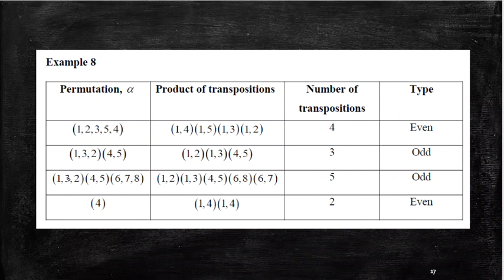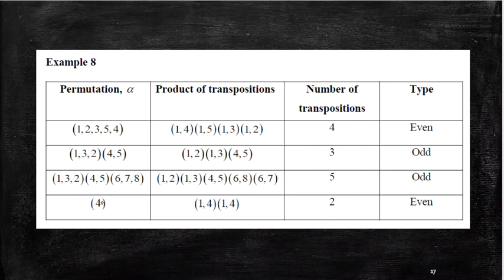Next, (1, 3, 2), (4, 5), and also (6, 7, 8). (1, 2) and (1, 3). We separate into a product of transpositions: (4, 5), (6, 8), (6, 7). So we have 5 transpositions, which is an odd number.